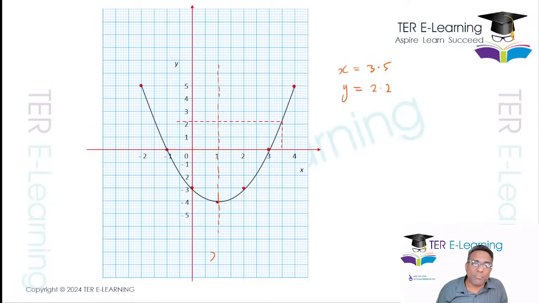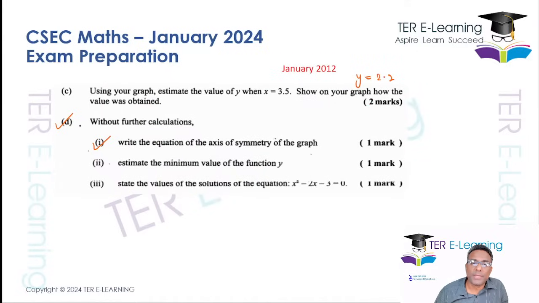And your mirror line is always x is equal to something. All you need to do is look at this value here. And that mirror line is x is equal to 1. So that's the answer for that part. The equation of the axis of symmetry is always x equal to something, so it's x is equal to 1.